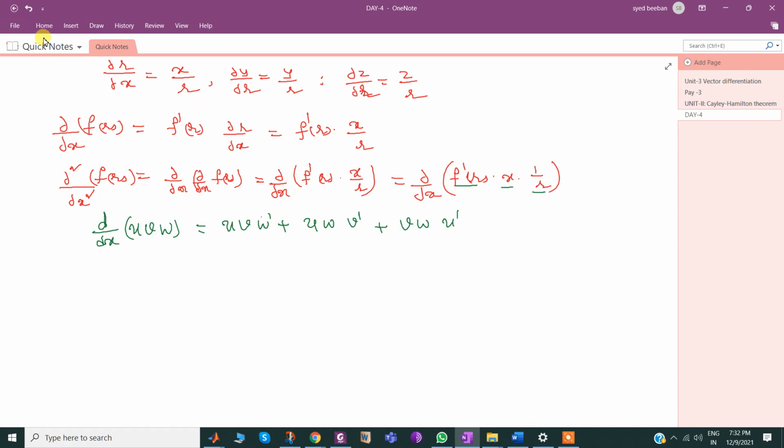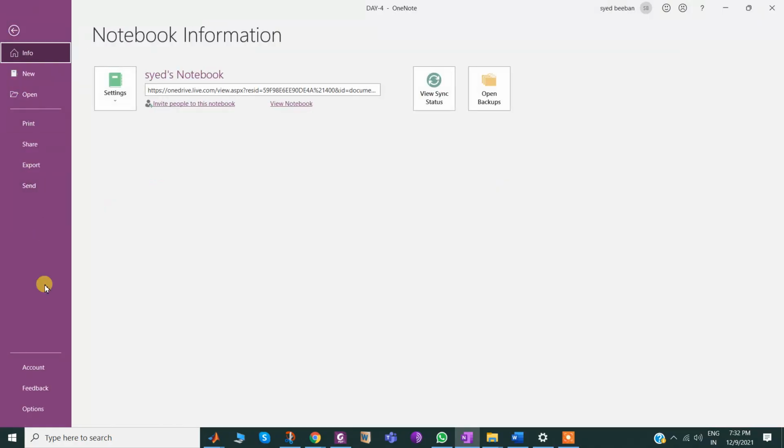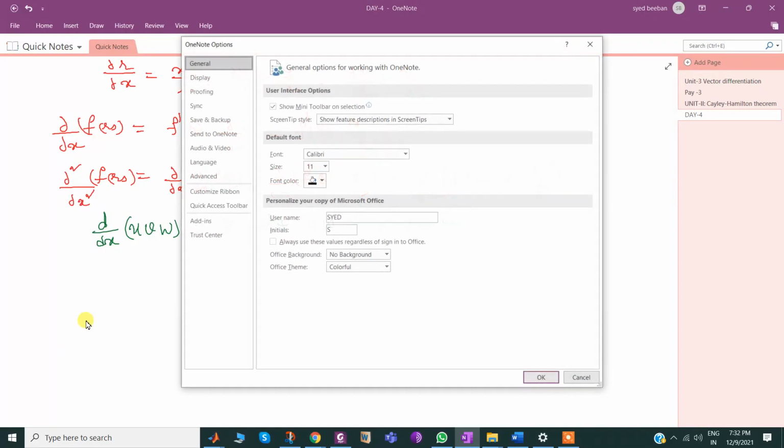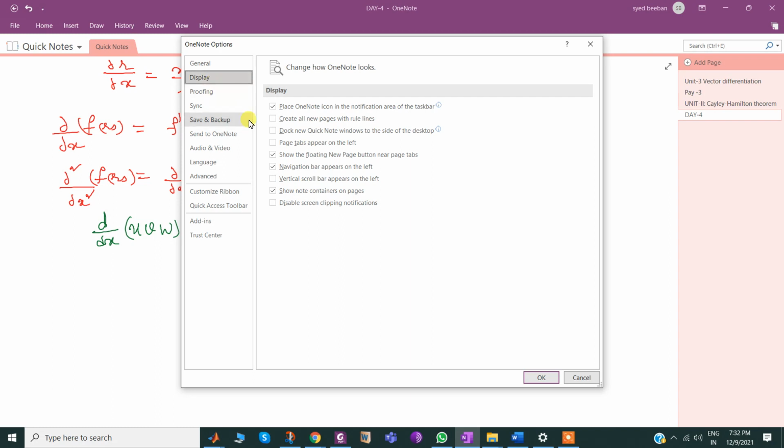give me a minute, let me check settings, options, display. Take a scroll bar on left here.